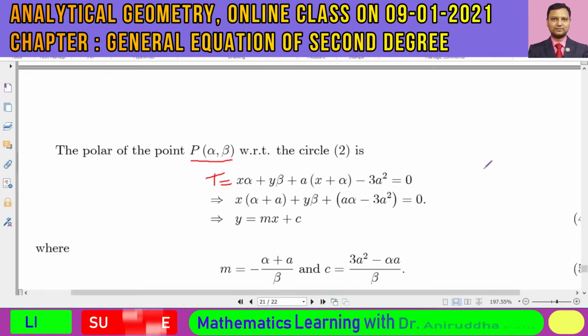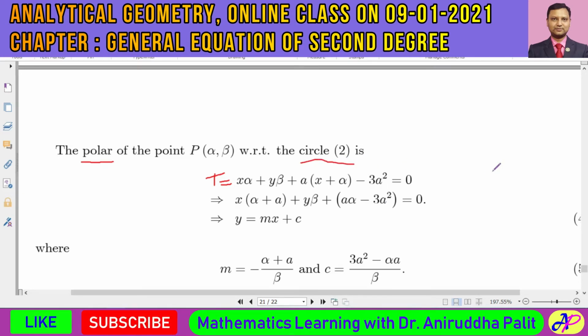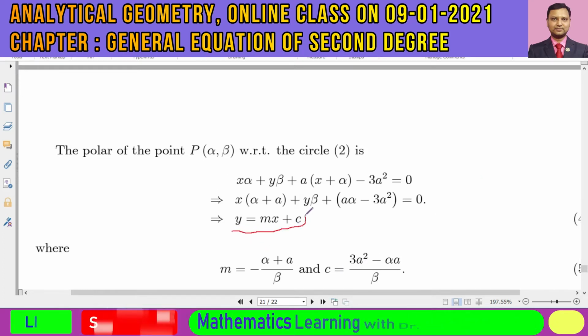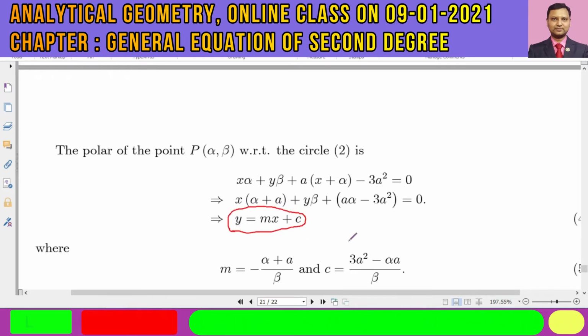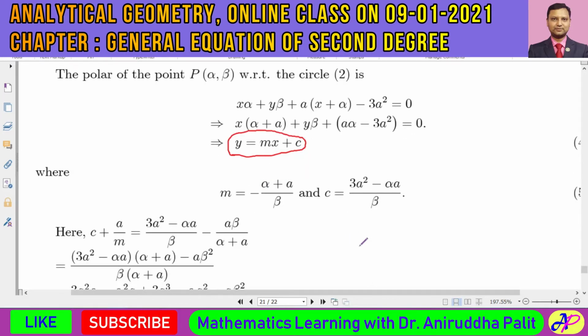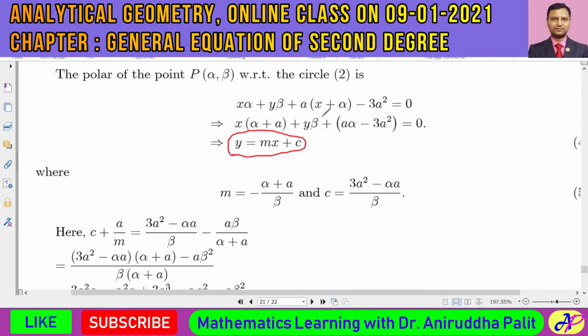So this is the expression of the polar of the point P with respect to this circle number 2. And we are converting this expression of the polar in terms of the standard equation of a straight line y is equal to mx plus c. In that case, dividing this total expression by the coefficient of y.